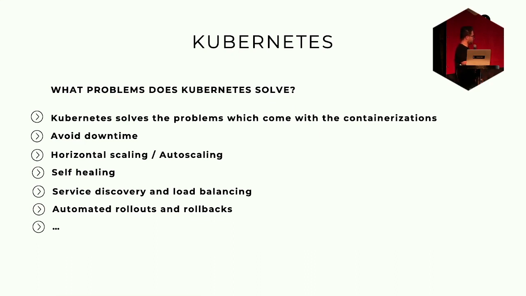So Kubernetes solves the problems which come with containerization. With Kubernetes we can avoid downtimes out of the box, and also scaling is not a problem. Self-healing, service discovery and load balancing, and a lot more, like automated rollouts and rollbacks.